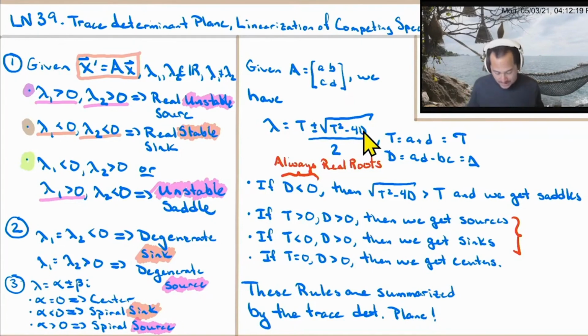And if I take the square root of that number, whatever comes out will be greater than the magnitude of t. So just pretend t is positive for right now. If you take t squared, add a little bit on, take its square root, whatever number comes out of that is going to be bigger than t.